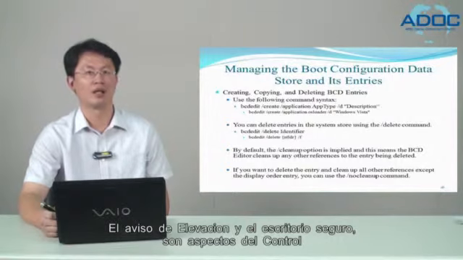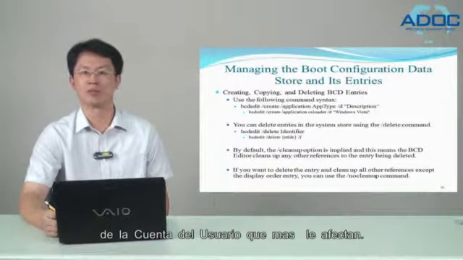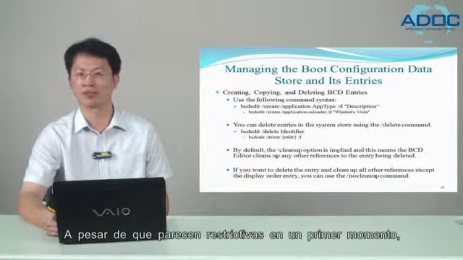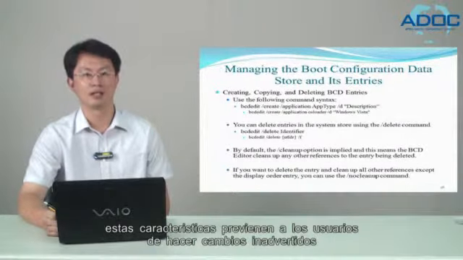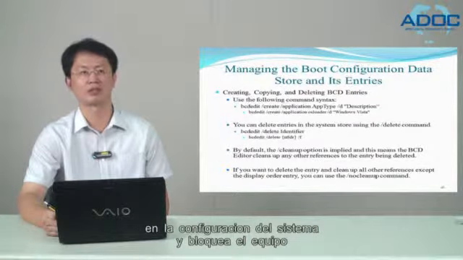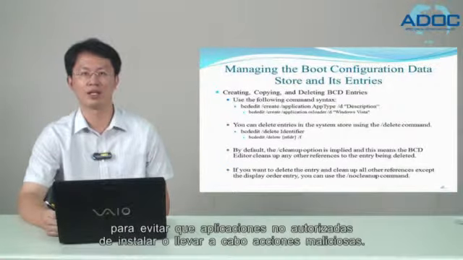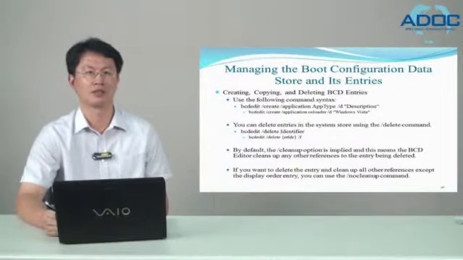Elevation, prompts, and the secure desktop are aspects of User Account Control that affect you the most. Although they seem too restrictive at first, these features prevent users from making inadvertent changes to system settings and lock down the computer to prevent unauthorized applications from installing or performing malicious actions.